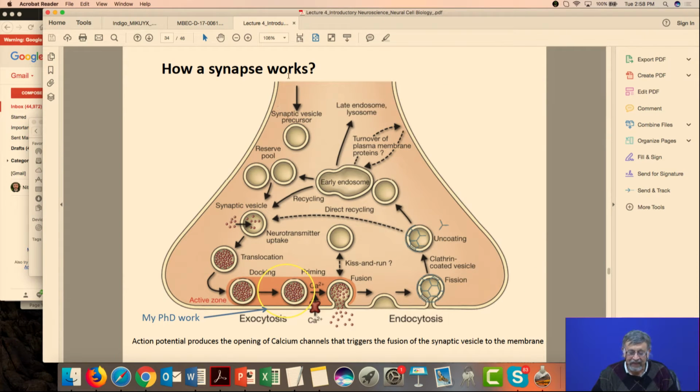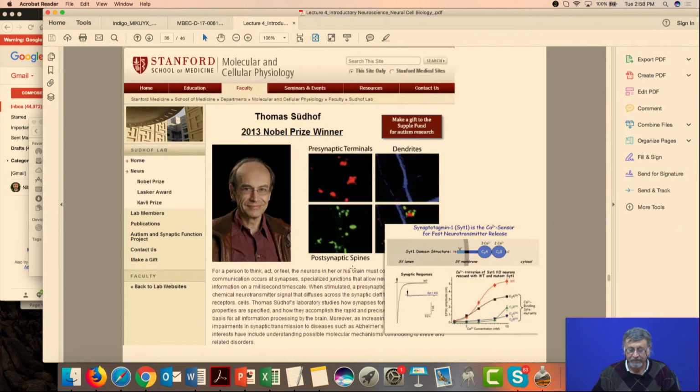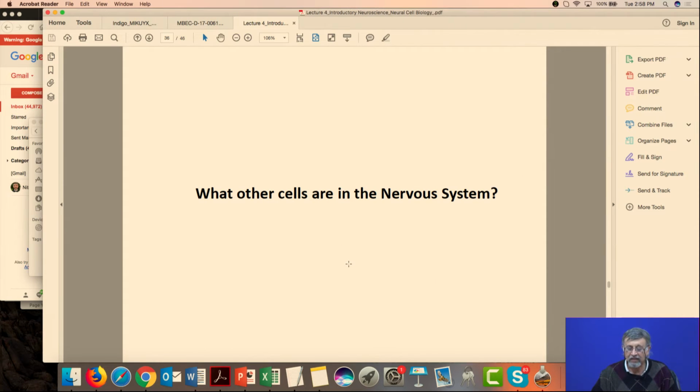So, message comes, goes to the precursor, this, that, then endosome. They recycle some of these, because you have to recycle everything. Whatever comes back has to be recycled and brought back. Otherwise, where would it go? He got a Nobel Prize for some of these detailed works on neurotransmitter release and very precise microscopy. Okay. What are the other types of cells?